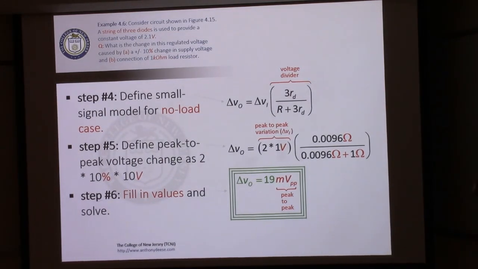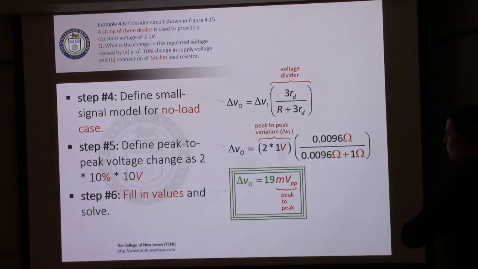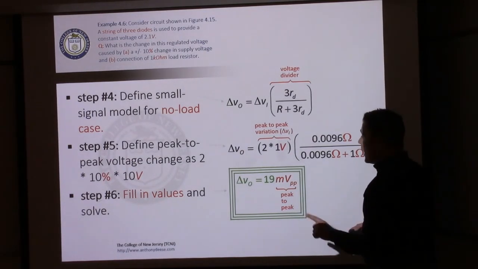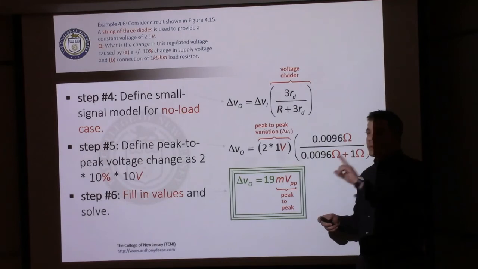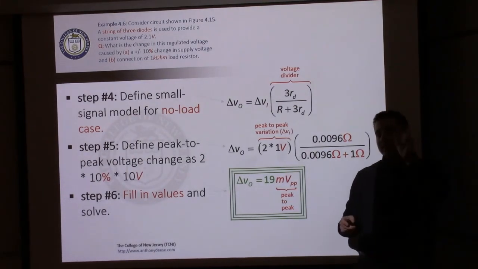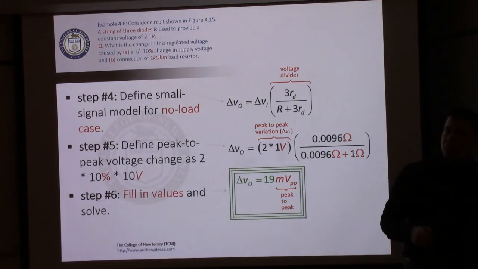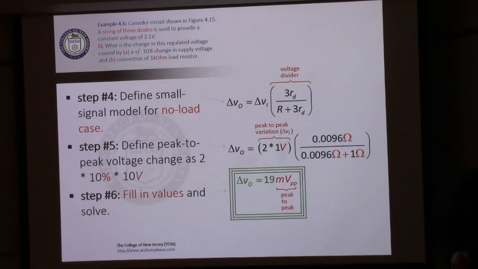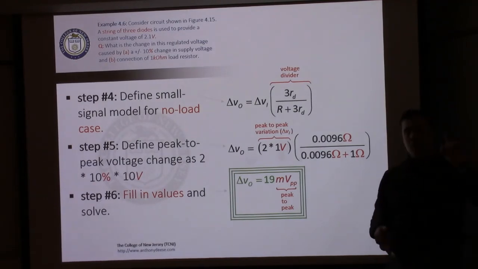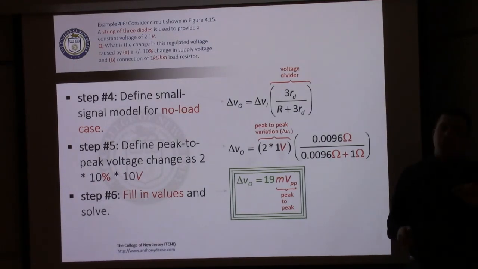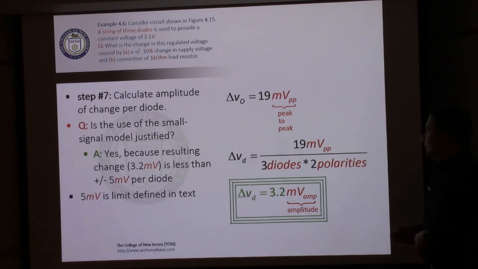So there's another little bit of a conversion that we need to do. That 5 millivolt limit was for a single diode. So we have 3 diodes in series, which means that the ripple is going to be divided evenly between the 3 diodes, and therefore the ripple across each diode is not 9.5, it's actually 9.5 divided by 3.